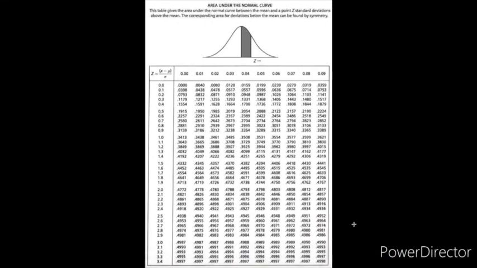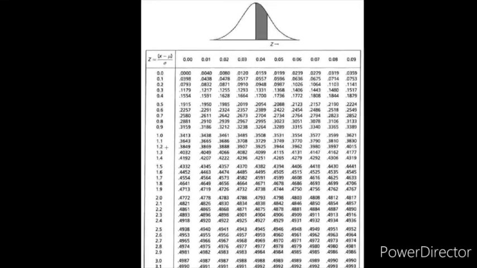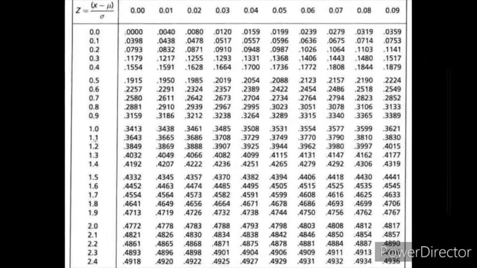The table only shows the number in front of the decimal and one decimal place. We are going to find 1.26. First, we spot 1.2 on the left, then go to the right and look below 6... above 6.